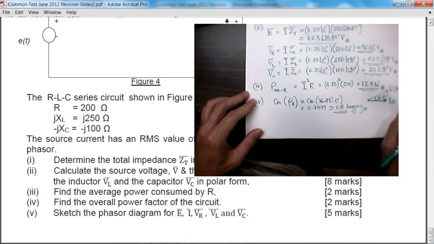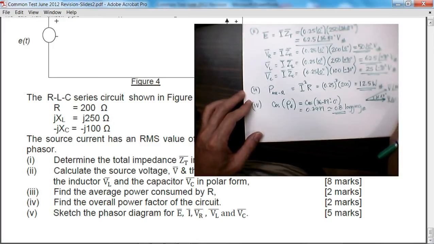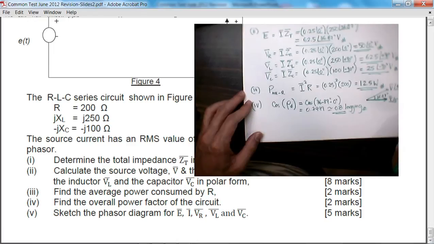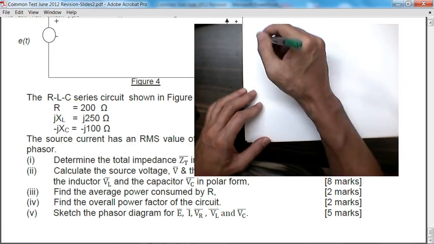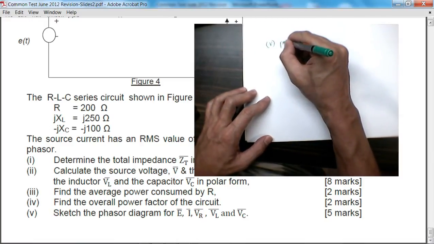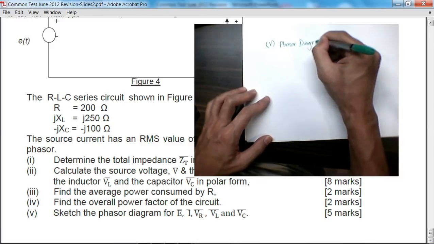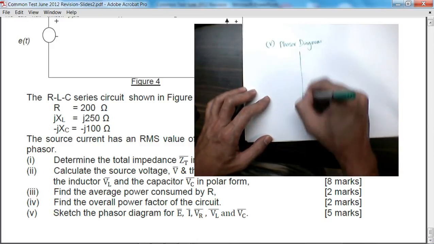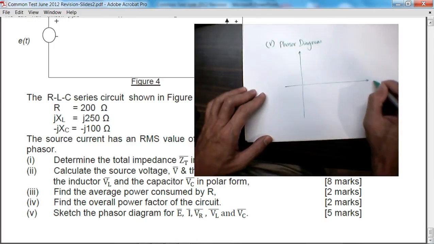And finally, the last part of this whole thing is to sketch the phasor diagram for the voltage supply, the current coming in, the voltage across the resistors, and so on. The phasor diagram is drawn as follows. We have the vertical axis, we have the horizontal axis.